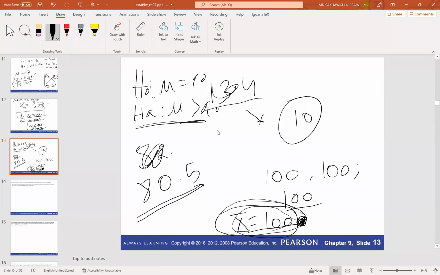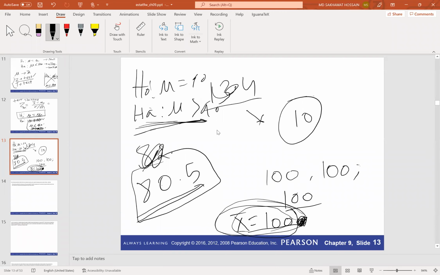So our decision will be that mu is greater than 90, but which is not true, right? The actual average is 80.5. So when we do a hypothesis test, we make the decision based on sample data, which means there is a chance that we might make a mistake.